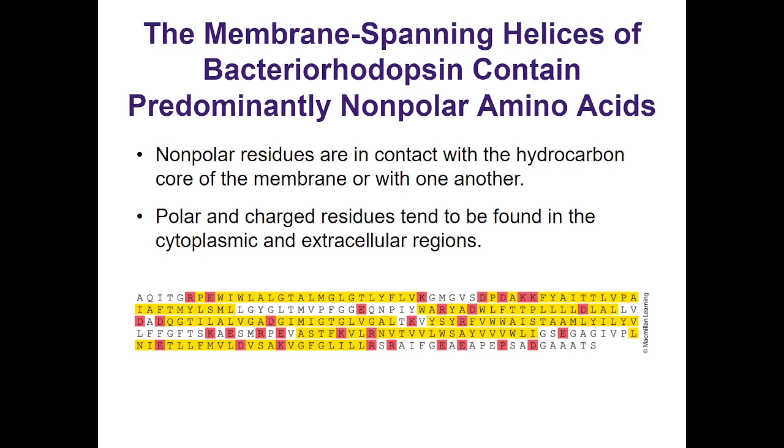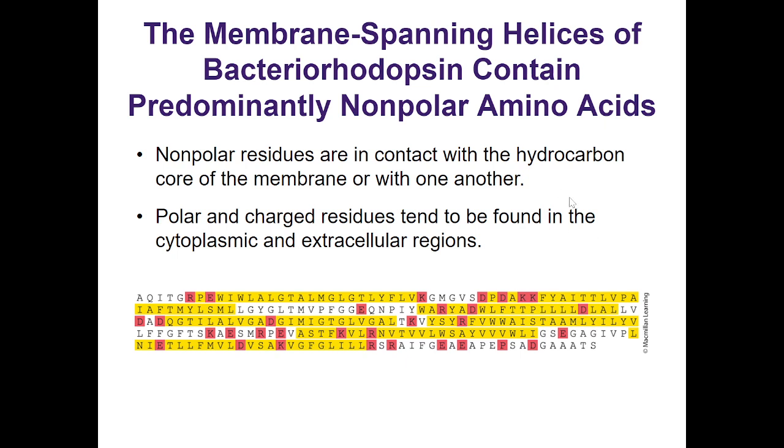The membrane spanning helices of your bacteriorhodopsin contain predominantly nonpolar amino acids, which is probably not a surprise to you because it has to interact with that nonpolar region, right? Yeah. The nonpolar residues are going to be in contact with your hydrocarbon core of your membrane or with one another to keep them bound together in that structure.